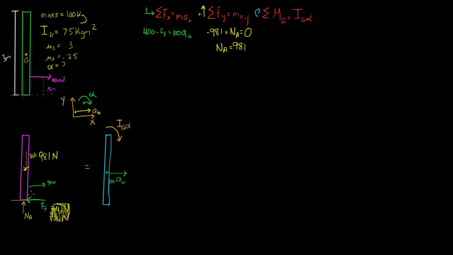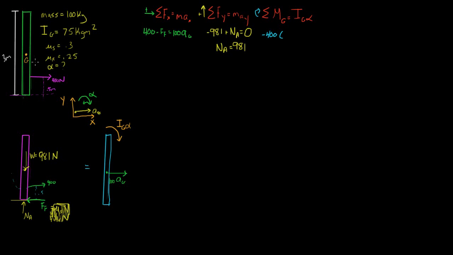So if we rotate this 400 Newton force that way, it wants to go tail first, so it's going to be a minus 400 times the perpendicular distance. The perpendicular distance, we know this is 0.5. We know this is directly in the middle. This is 1.5 meters from the ground.